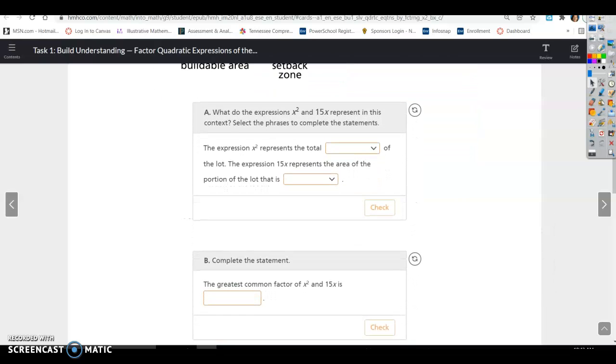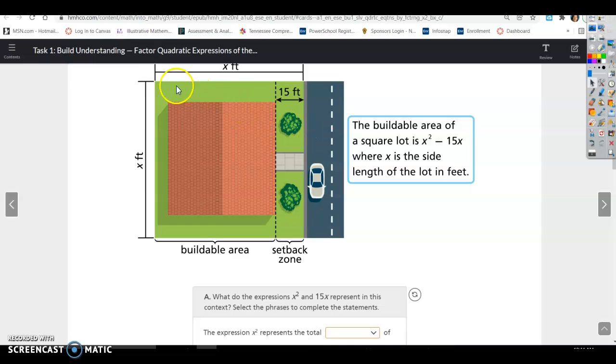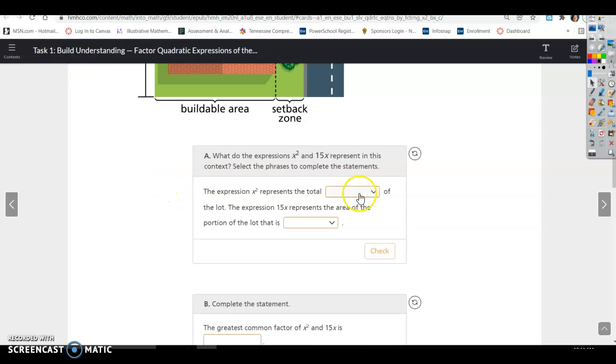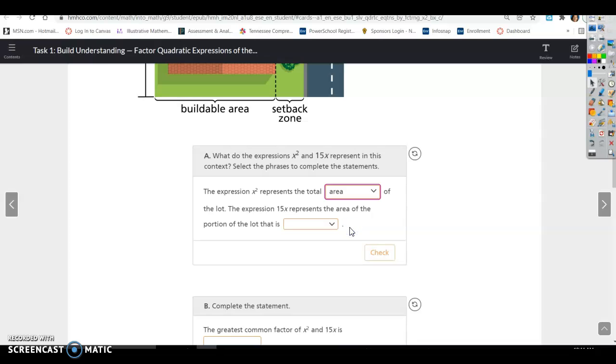All right, so what do the expressions x squared and 15x represent in the context? Select the phrases to complete the statements. The expression x squared represents the total area. Okay, you can see x times x, it's a square lot, so the area would be side times side or side squared. The expression 15x represents the area of the portion of the lot that is not buildable. That's the part that's close to the road, the setback zone from the city.